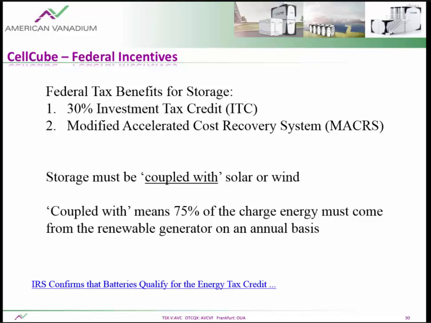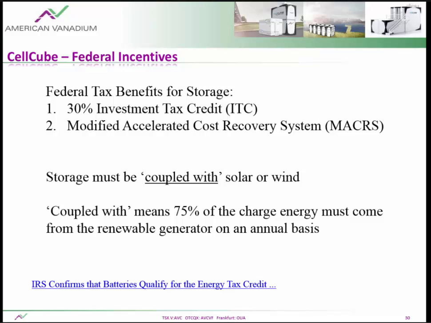That's a very accelerated depreciation schedule over about 6 years, which on a net present value basis can equate to 30 to 35% of the installed costs. So in the ideal situation, you've got two federal incentives that add up to about 60%, and the state cash incentive, which is about 1/3 of the cost, which can get you over 80, as high as 90% in the ideal situation.